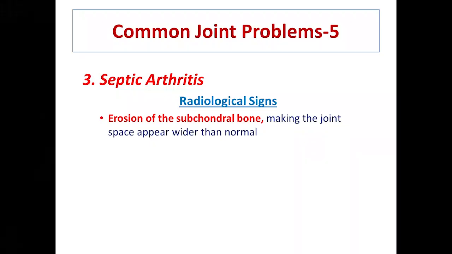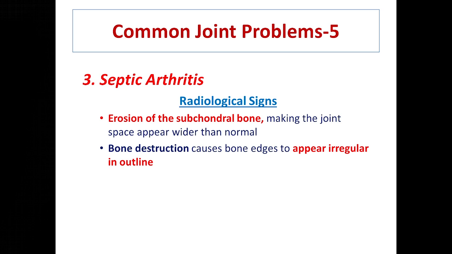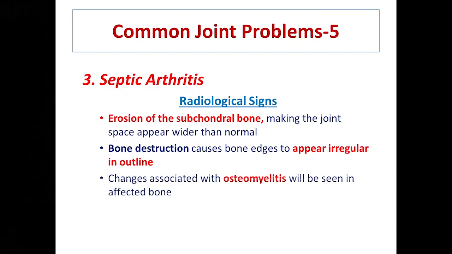That is due to erosion of subchondral bone. There are irregular bone edges due to degeneration of the bone. Sometimes there will be osteomyelitis in the affected bone, but in this X-ray, osteomyelitis is not present.